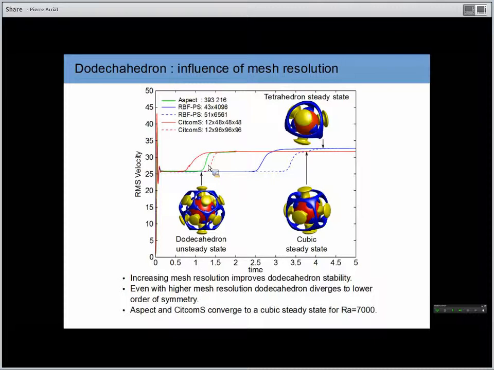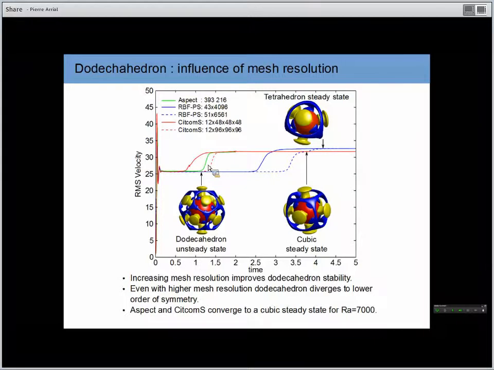So we have a completely different evolution of the transition patterns for RBF in comparison with CitcomS.